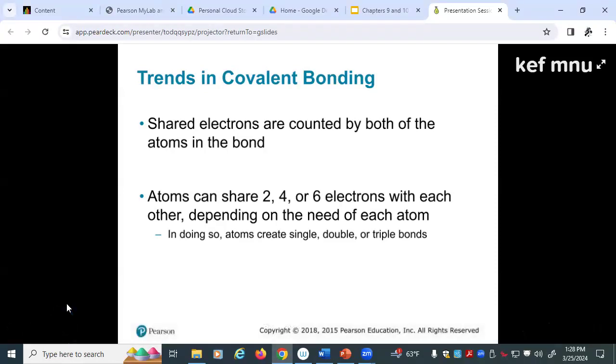Couple of important pieces here. First of all, shared electrons are counted by both atoms. So if I've got one atom sharing an electron with another atom sharing an electron, those 2 shared electrons now belong to both atoms and get counted as part of both sets of octets.